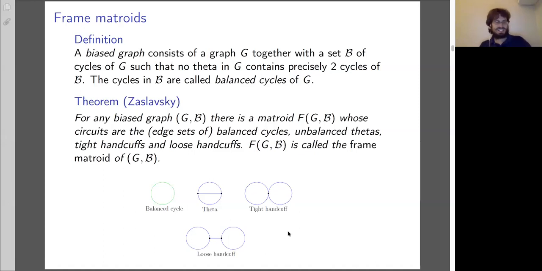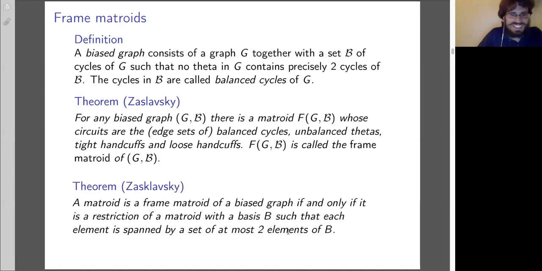Okay, and Zaslavsky also gave a really cute characterization of which matroids arise in this way. He showed that a matroid is a frame matroid of a biased graph in this sense, precisely when it's a restriction of some matroid which has a basis with the property that every element is spanned by a set of at most two elements of that basis.